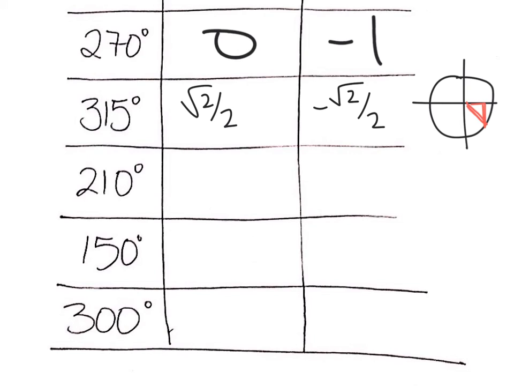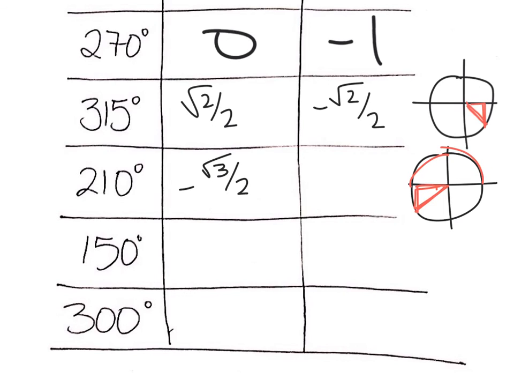And again, I'm going quickly through this because you've already solved these and we're just checking our answers here. 210. We got 90, 180 plus another 30. So that's a 30-degree angle in there as our reference angle. So it looks like our cosine would be negative, it goes to the left, root 3 over 2, the long side.